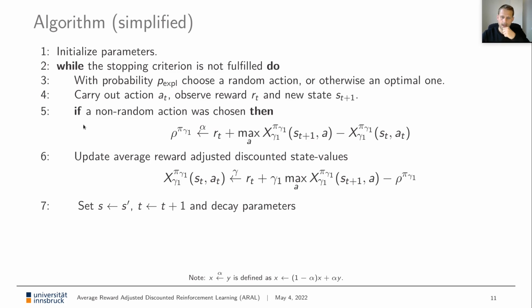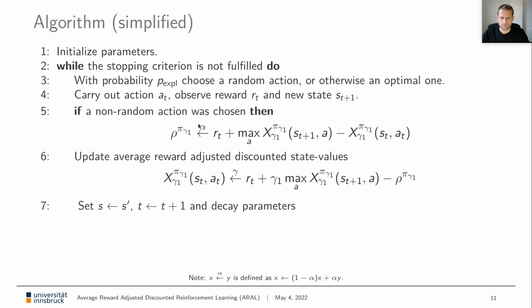Then an additional step in this algorithm is that if we have chosen an optimal, non-random action, then the average reward is learned, where we use the returned reward, the current feedback, plus the best value of the future state minus the current state value.